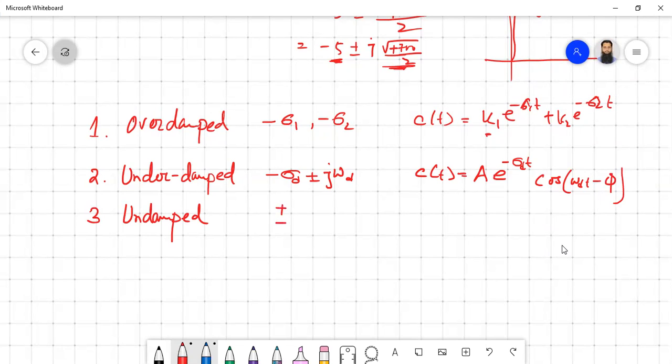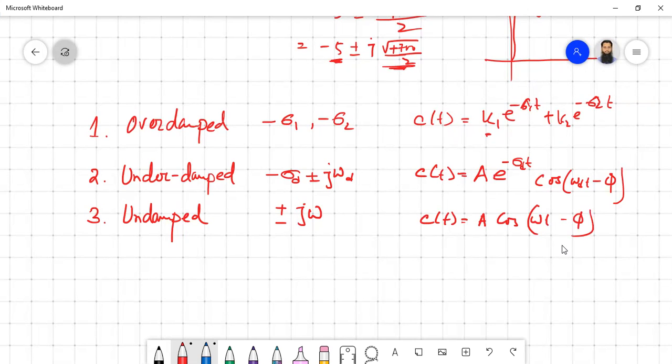So we can say plus minus j omega, omega 1, omega d, whatever. If you have something like this, what kind of response are we expecting from the system? A cos omega t minus phi. So there is no decaying effect, only pure oscillation.